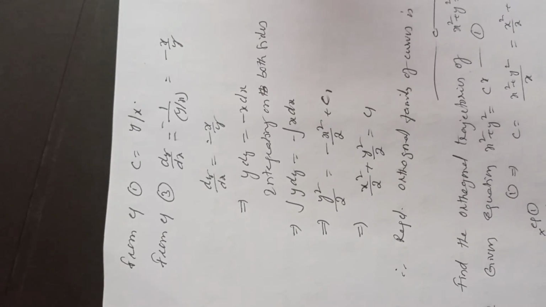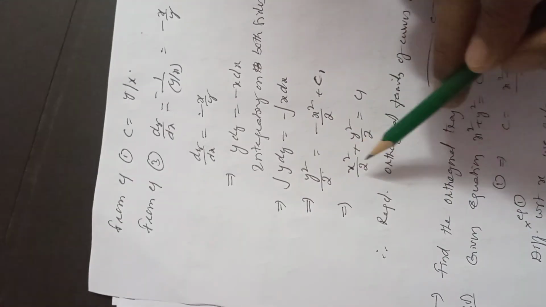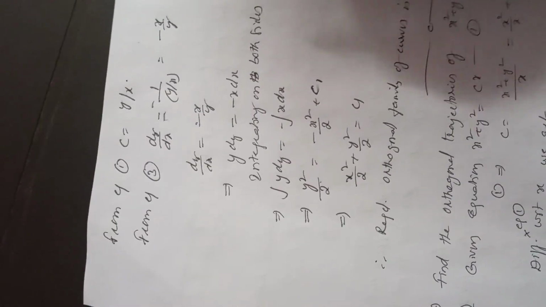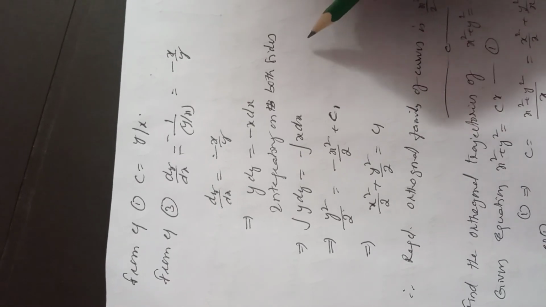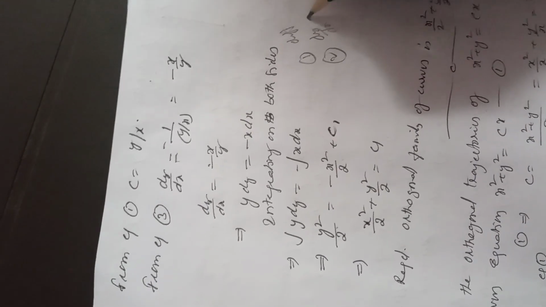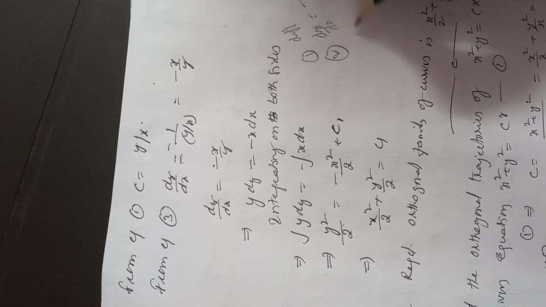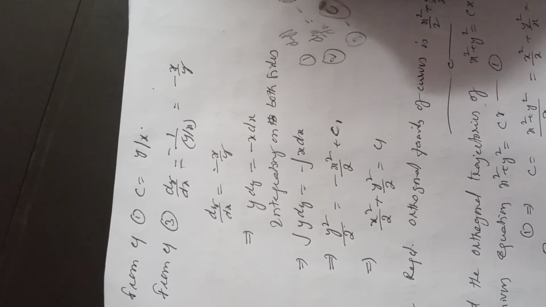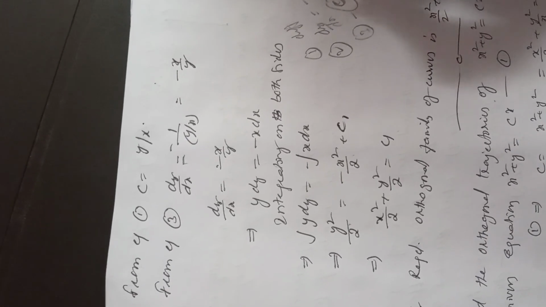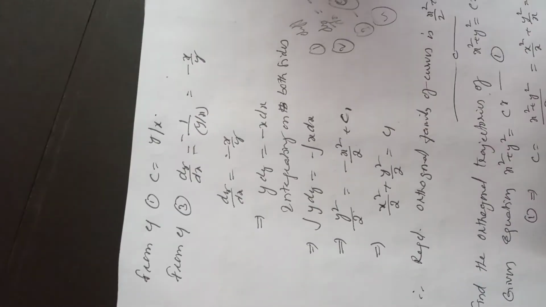Integration of minus x dx is minus x square by 2 plus some constant c1, the integration constant. Transposing to the left hand side, x square by 2 plus y square by 2 is equal to c1. Right, this is the required orthogonal trajectories of the given family of curves. In this particular problem, I first differentiated, second replaced dy by dx by minus dx by dy, and third eliminated the arbitrary constant c. But you can do it either way: the second step can be the third and the third step the second, nothing will happen. The fourth step is to integrate, that's all, right.